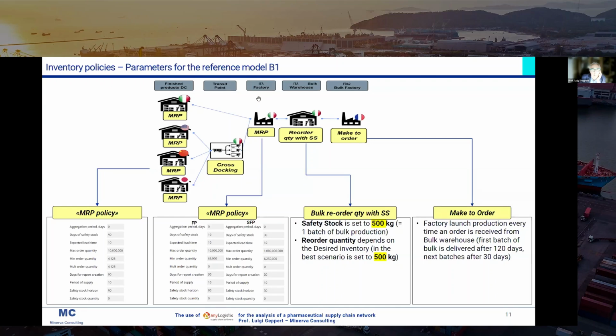Instead, the warehouse of the inventory of the European market, the Italian factory, the Italian finished product factories, and the different DCs, the stock policy for them is based on an MRP policy.